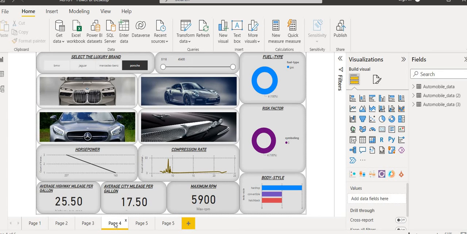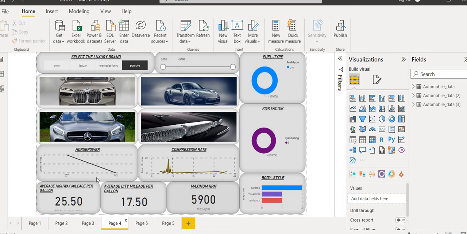You can see page number 4, which is the most important part of our project, in which we have selected the luxury brands in order to give you the specific information about the dataset of cars and automobiles.